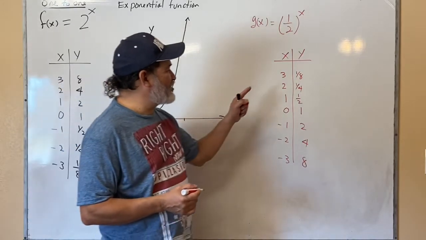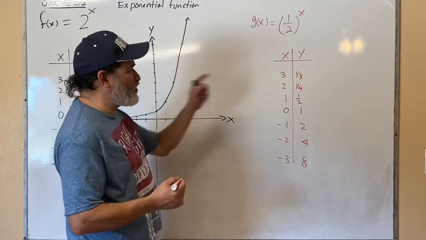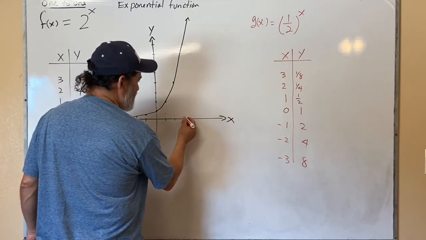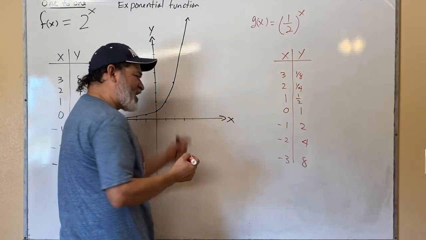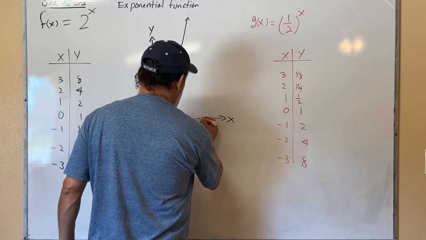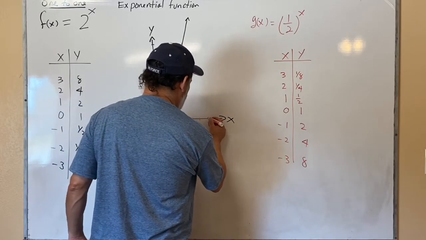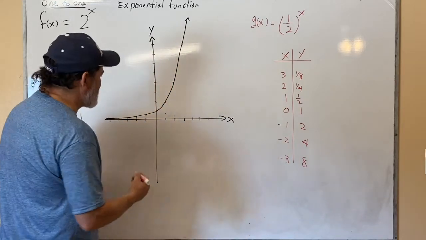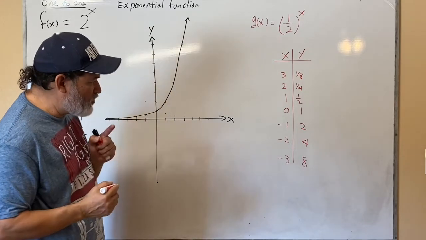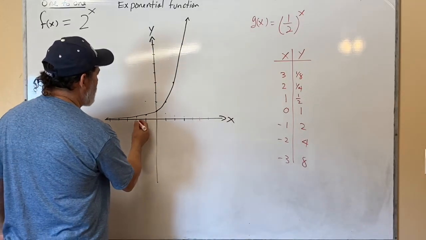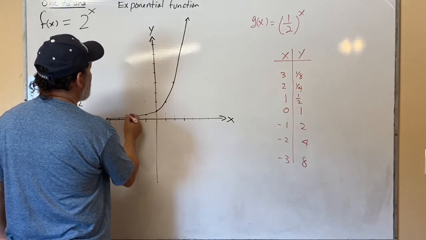If x is 2, we get 1/4 there. 3, we get 1/8. 4, we get 1/16. 5, we get 1/32. 6, we get 1/64. -1, we get 2. -2, we get 4. And -3, we get 8.